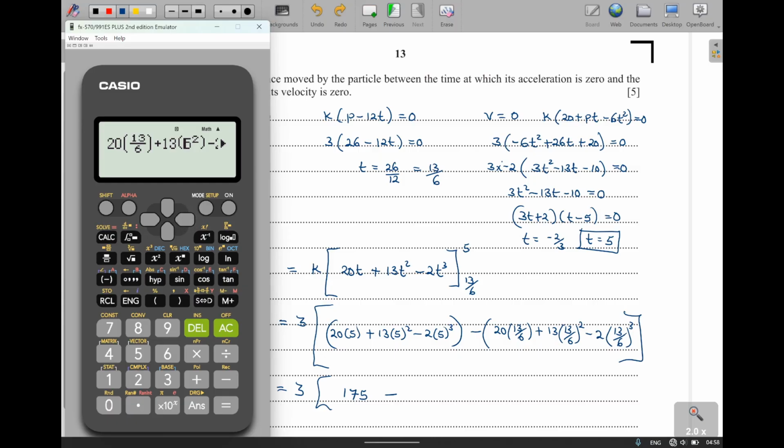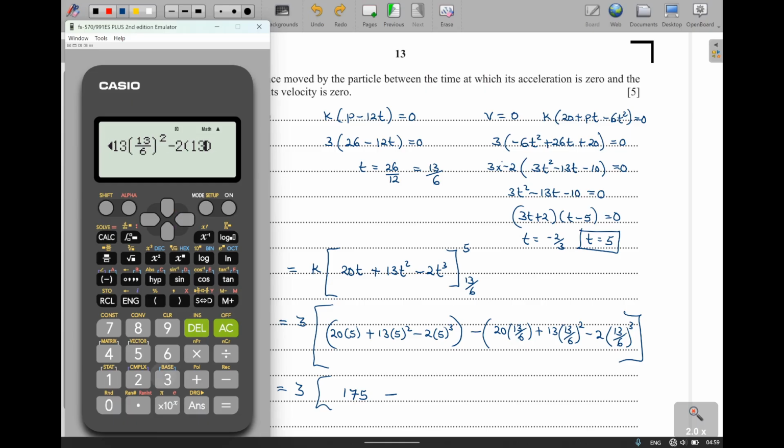Then 13 times 13 over 6 squared, then minus 2 into 13 over 6 cubed.